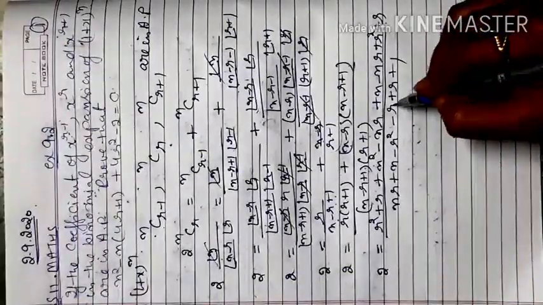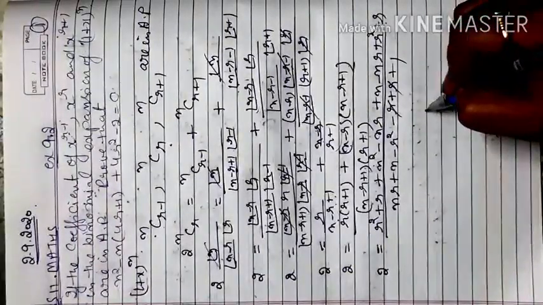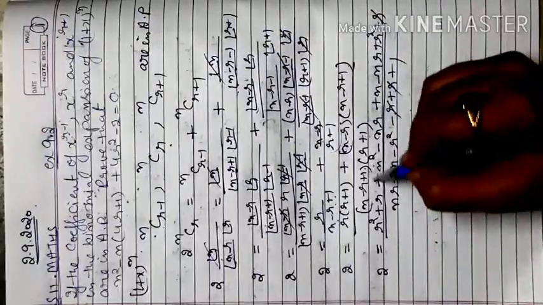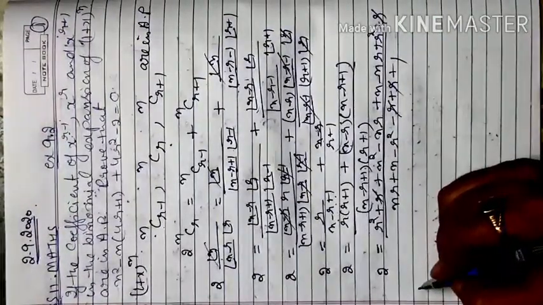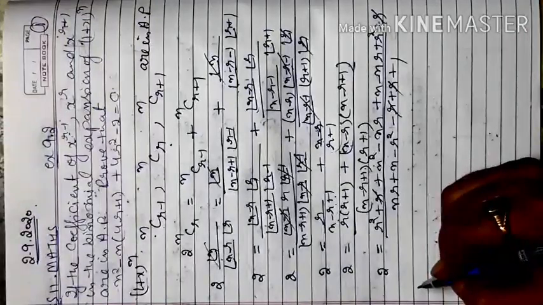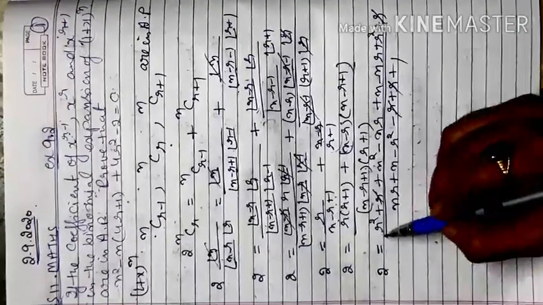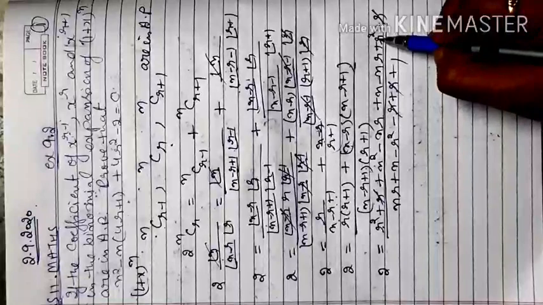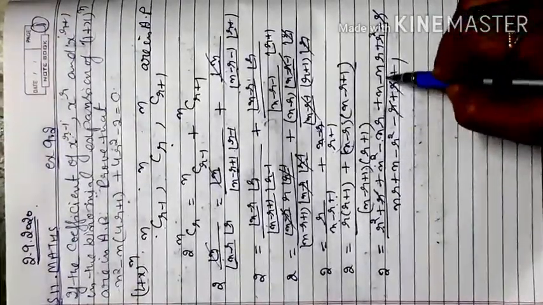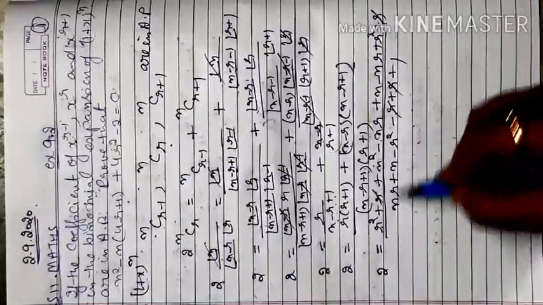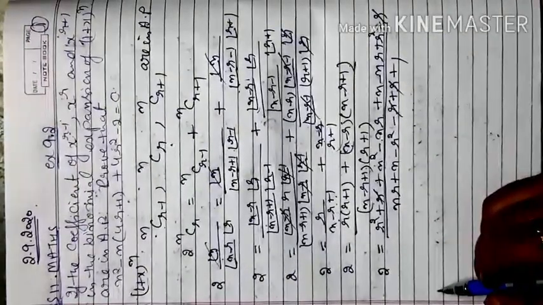So what is cancelled? Here this term is cancelled, here minus r plus r is cancelled, and what is left? No other term will be cancelled. I just arrange the terms here. Look at r square and r square. This is 2r square, n square is single one, minus 2nr and minus nr, and this term will be cross multiplied on the other side.